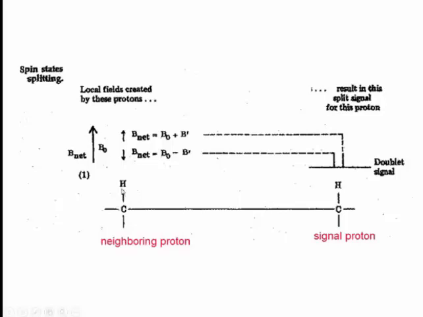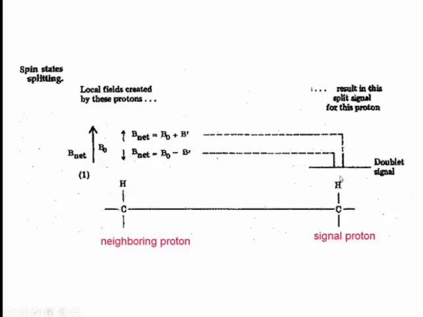Well, each neighboring proton, depending on its orientation, is going to create a local magnetic field that our signal proton is going to feel. But because the neighboring proton is in two possible orientations, the signal proton is going to experience two different local magnetic fields.